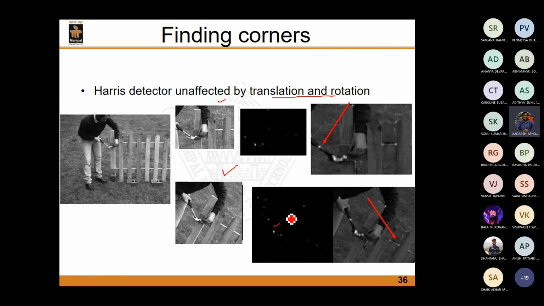Even if you rotate or translate an image or an image patch, the Harris corner detector is not affected, because what we are considering is a small window region and how it varies within that window. So it is invariant to translation and rotation, and that is one advantage.